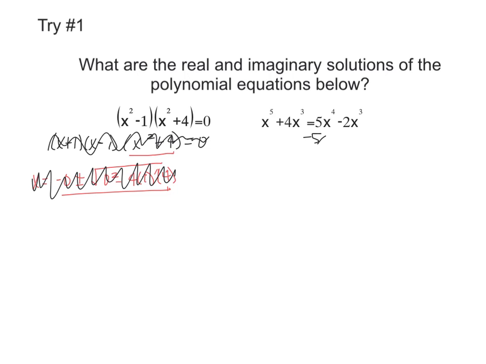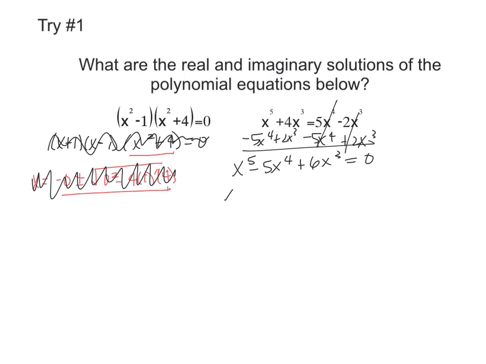So we need to subtract 5x to the 4th on both sides and add 2x cubed on both sides. So we're left with x to the 5th minus 5x to the 4th plus 6x cubed equal to 0. Okay, our greatest common factor is going to be x cubed.